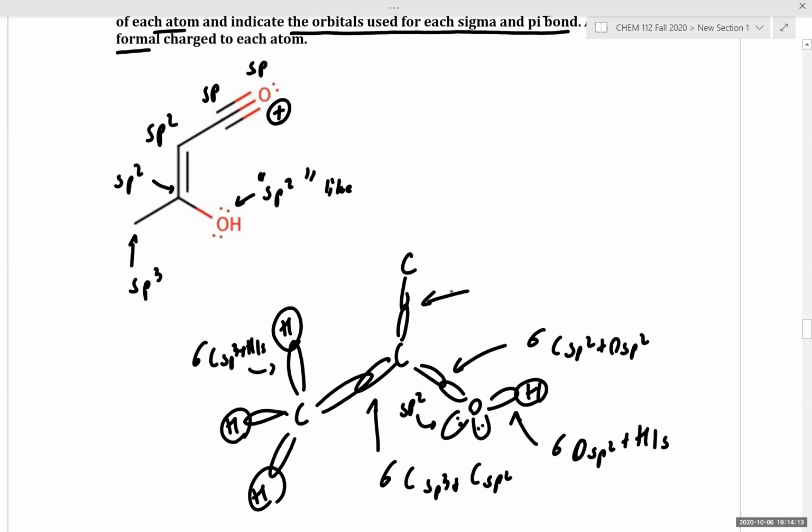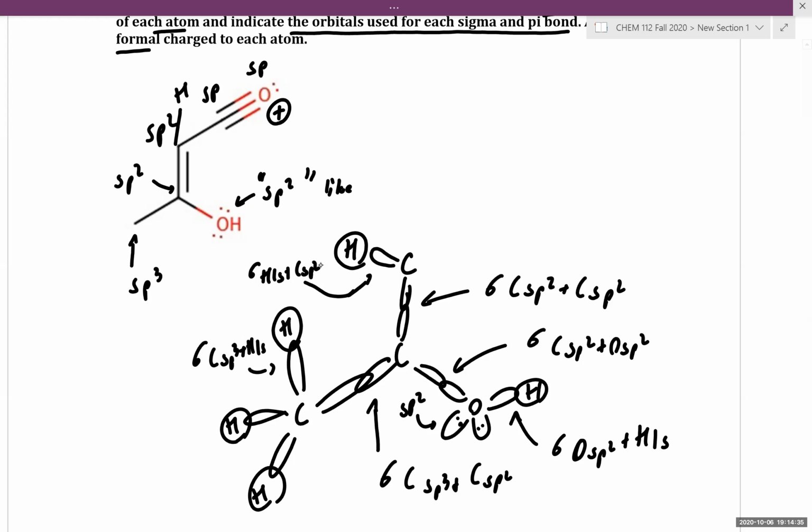We have another sigma bond between a carbon sp2 and a carbon sp2 orbital. A lot of students miss that there's a hydrogen attached to this carbon, so you need to make sure to draw that. This is a sigma hydrogen 1s plus carbon sp2.